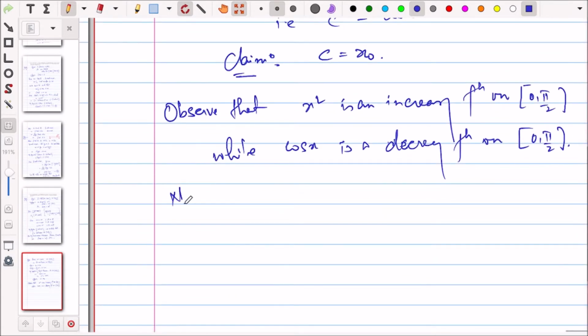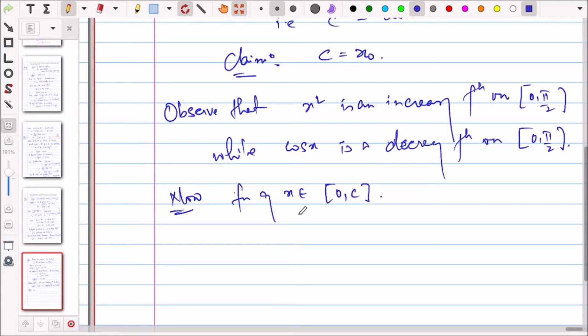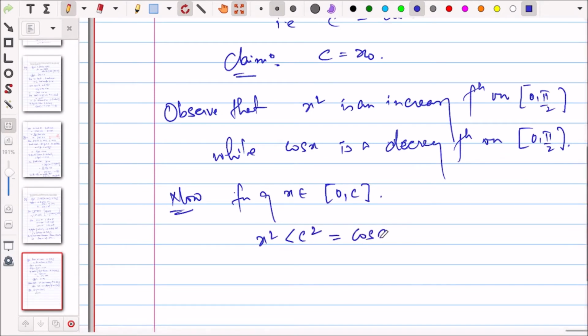Now for any x belonging to 0 to c, because c lies between this, because x square is increasing, x square is less than c square, and c square is equal to cos c, and cos c is less than cos x, because cos x is decreasing. So x less than c implies cos c is less than cos x, and x square is increasing, so x less than c implies x square is less than or equal to c square.